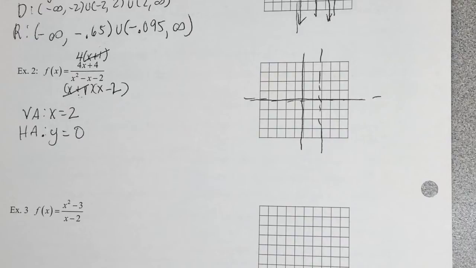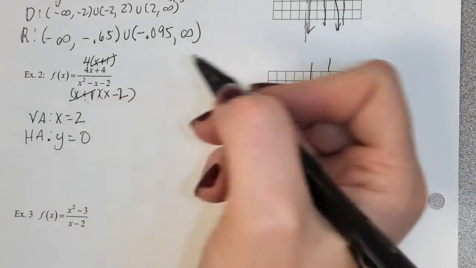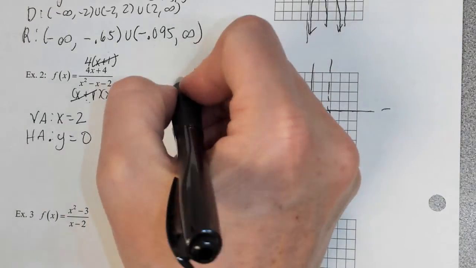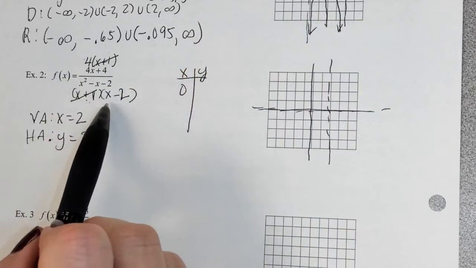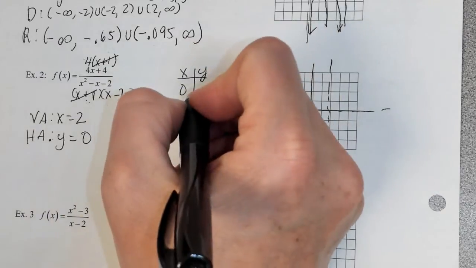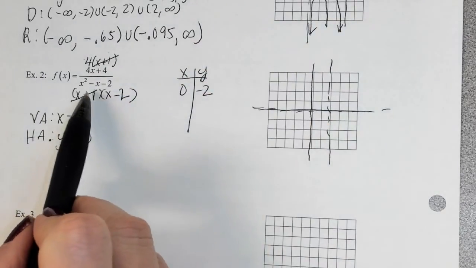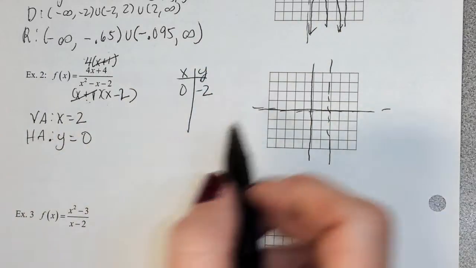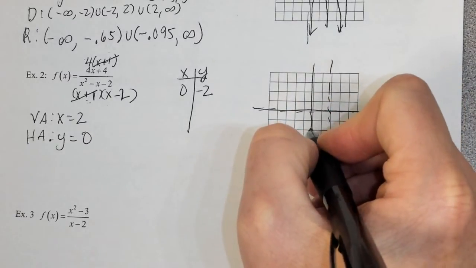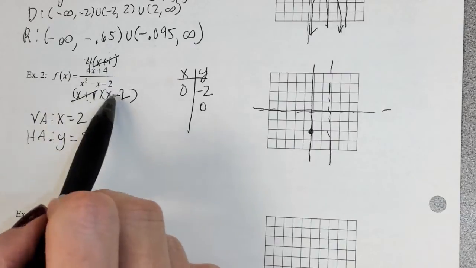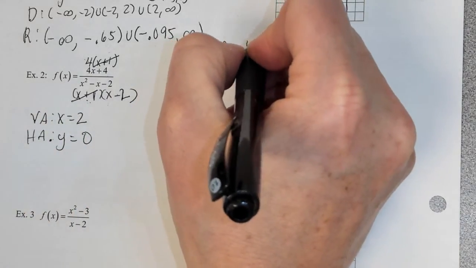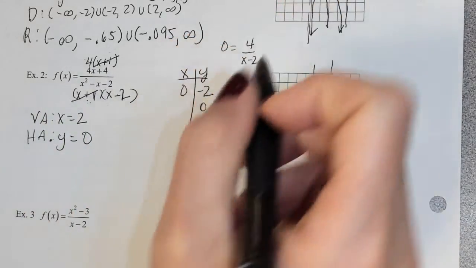Okay, let's go ahead, you can do these things in any order. I'm just going to go ahead and find my intercepts. I'm going to plug in 0 for x. If I plug in 0 for x, I'm going to get -2 for y. Just plugging it in either place, really. I get 0, -2. Going to see if I have an x-intercept, so I'm going to take this simplified function and I'm going to set it equal to 0.